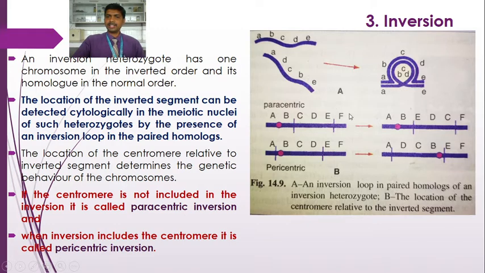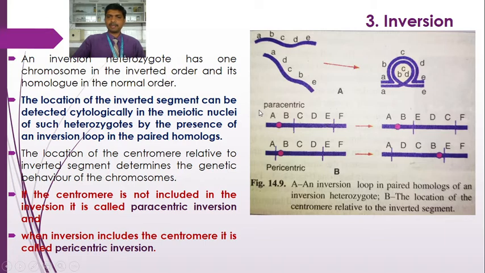If the centromere is not included in the inversion, it is called paracentric inversion. So in this case, this is the normal chromosome where the breakage occurs between B and C and between E and F. Now due to the breakage, this broken piece is inserted in reverse order. So the gene order has changed, but during this inversion the centromere is not included in the inversion.